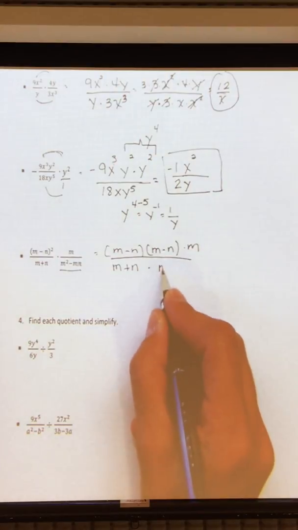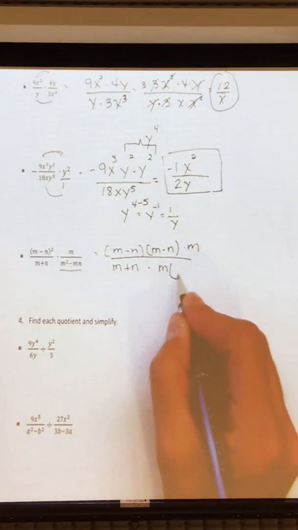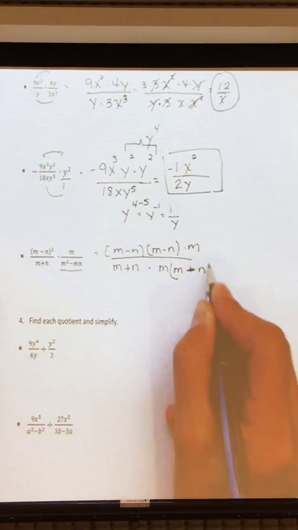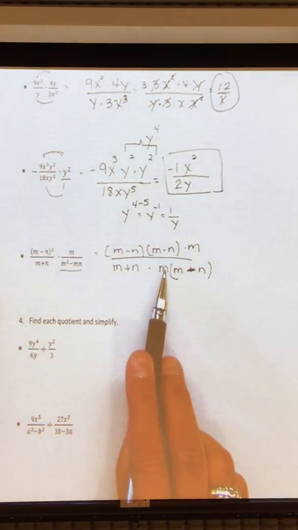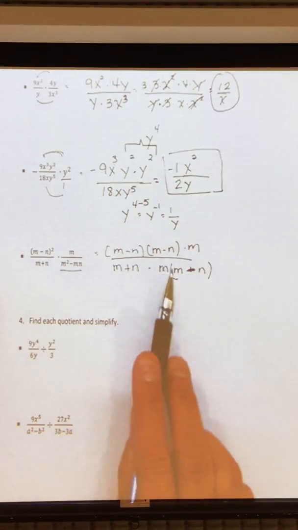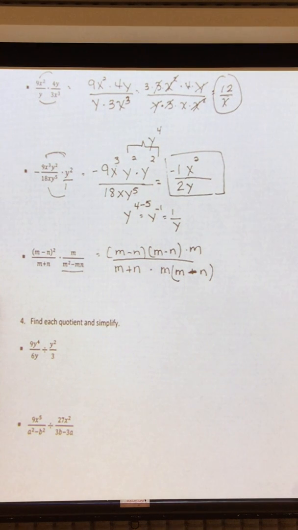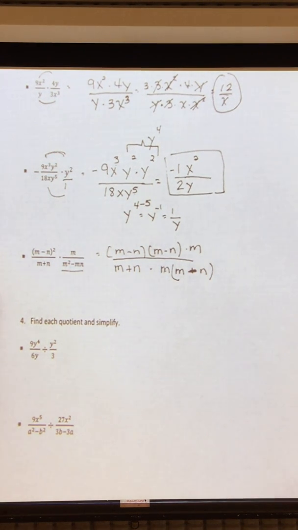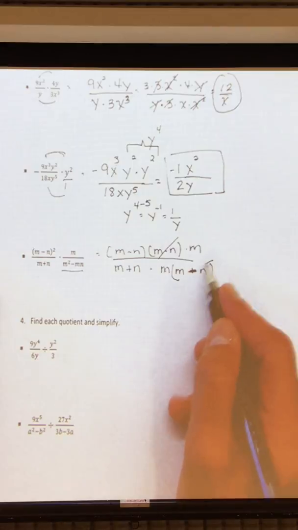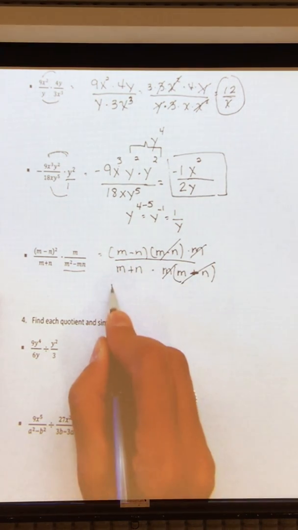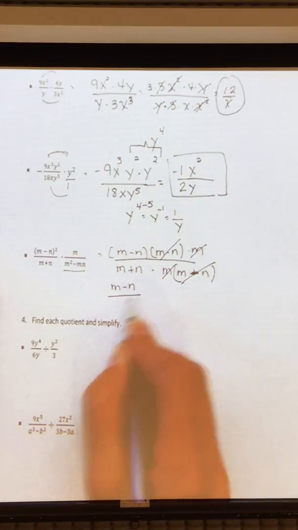So let's take out the m from both terms, leaving us with m minus n. Again, m times m is m squared. M times -n is -mn. So here we can cancel the m minus n and the m minus n, and the m and m cancel, so we are left with our numerator as m minus n over m plus n.